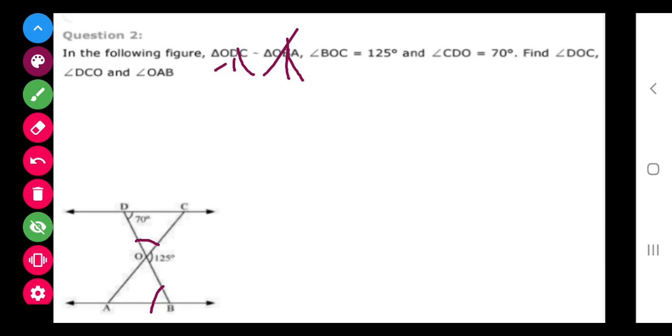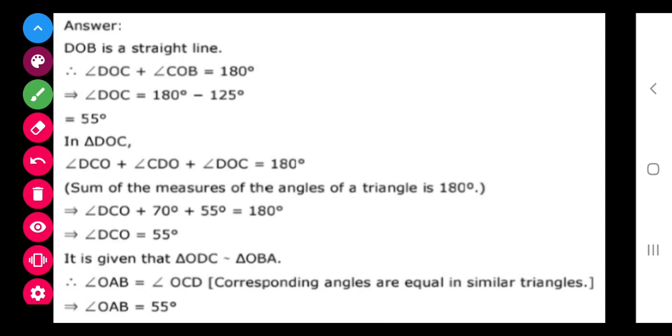Now if we find this angle 55, then this will be 55, and angle DCO is equal to this angle, and so on we can find. So this is a very simple question. We can use the previous logic that we have done also.